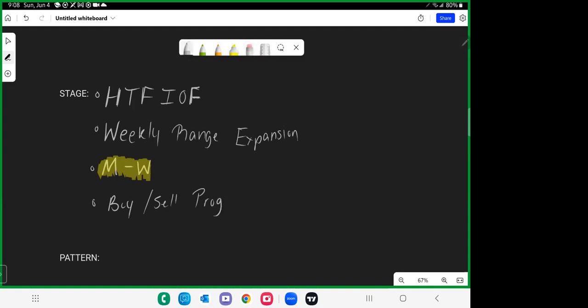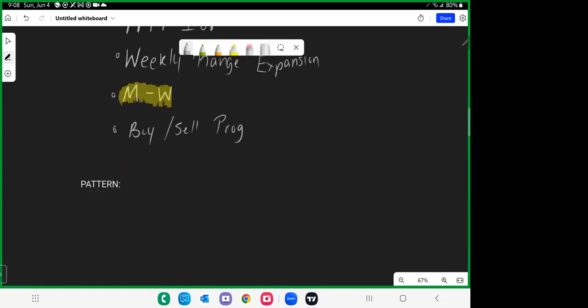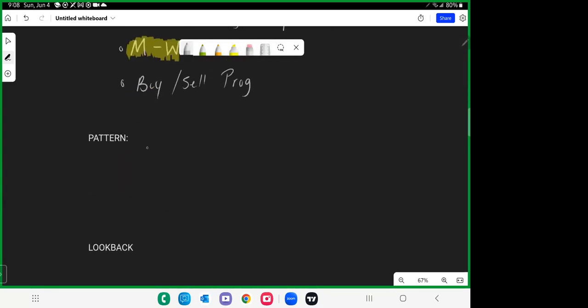All right. So that's our stage. Now the pattern is the Judas swing. This is important because when you wake up every single day, you already know what you're looking for. Maybe you're not waking up, maybe you're just walking into London open, but you already know it's preset.